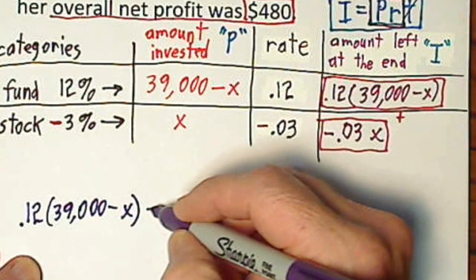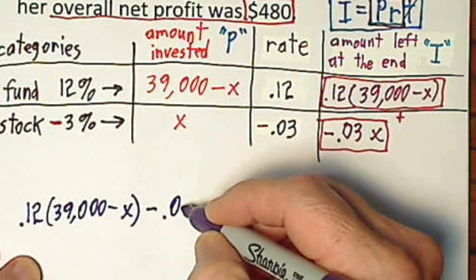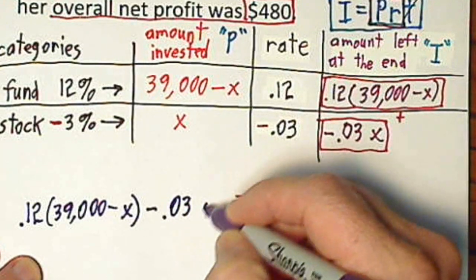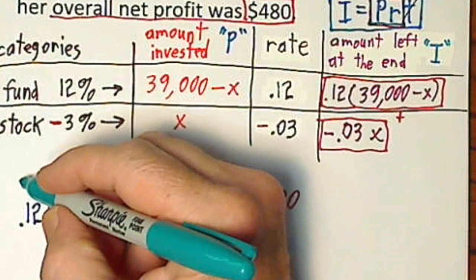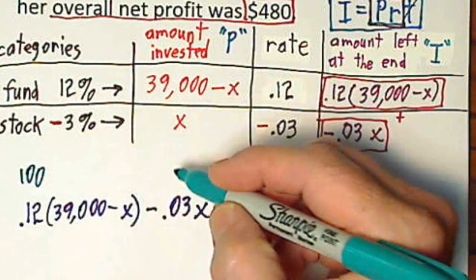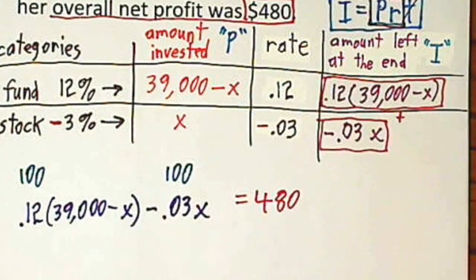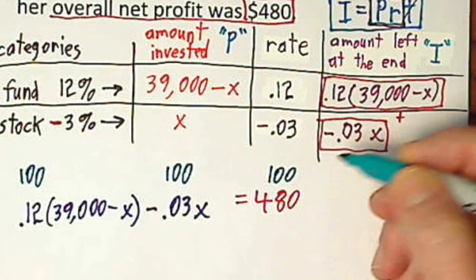I'm just going to write minus 3 hundredths x. Okay? If you want to write it with two signs, you're welcome to. And I don't want to keep having to deal with all these decimals, so I'm going to clear this equation of decimals. So I will multiply by 100, multiply by 100, and multiply by 100.